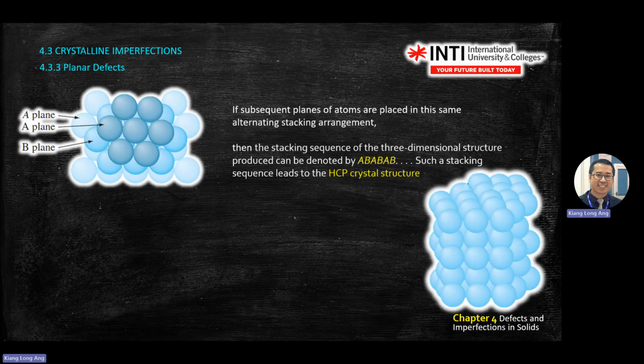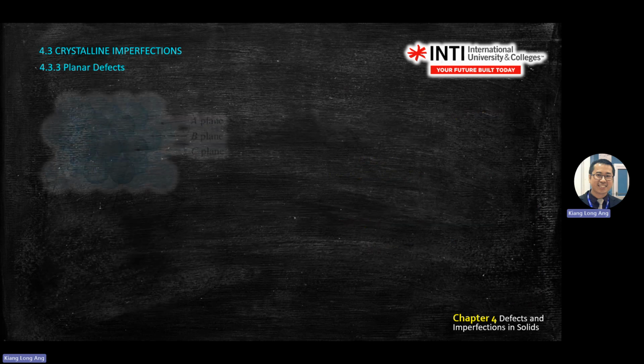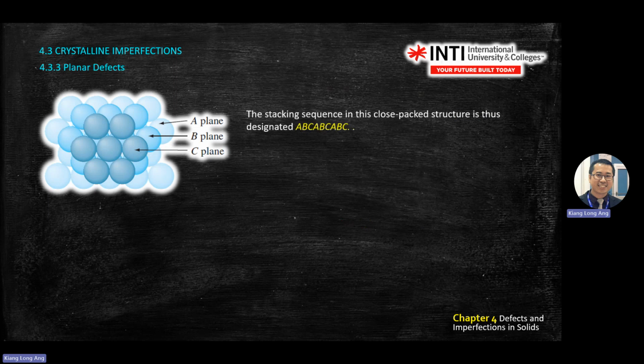Let me find a clearer picture. Stacking mismatch means, let's say the first layer is this light blue color, second layer, third layer. So sometimes they do not follow the sequence, like A, B, then change to C, C, C, A, something like that. That's called mismatch of stacking.